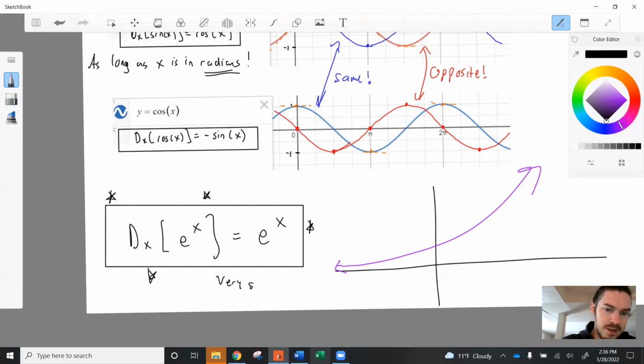Very shiny. It's almost the defining feature of e to the x. It's almost the thing that makes e what it is. It practically defines e. There's lots of ways to define it. You can take this as one of them. Try to make a function that's its own derivative, and e to the x inevitably is what you will make.